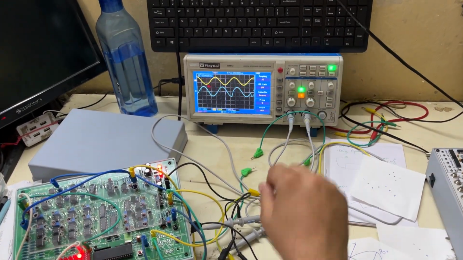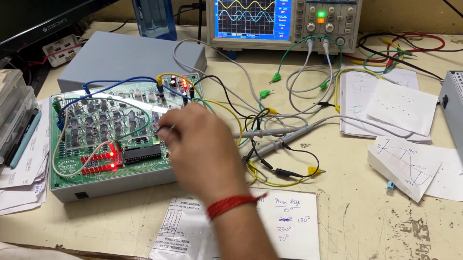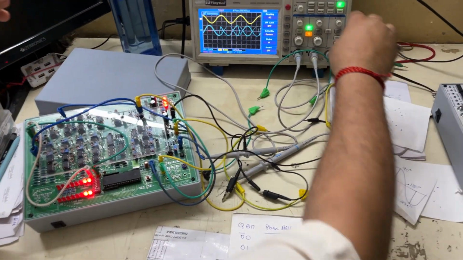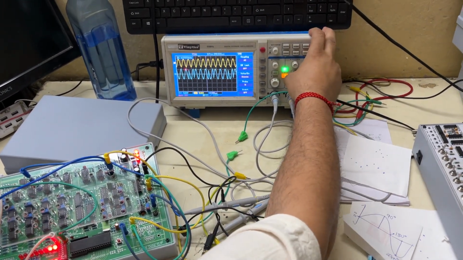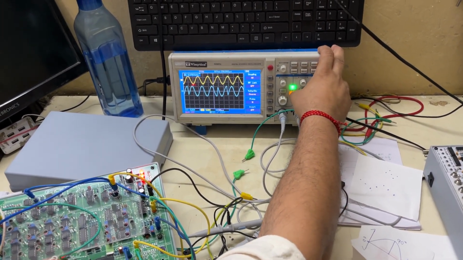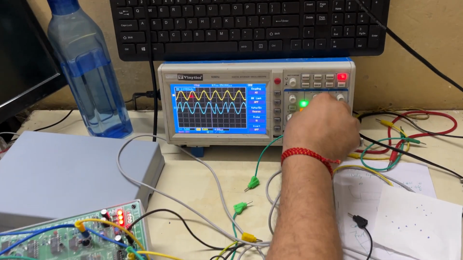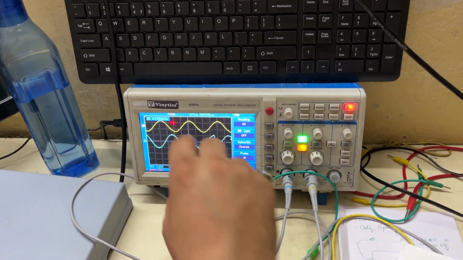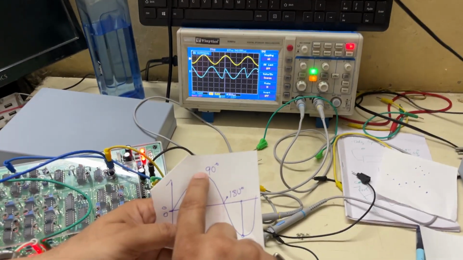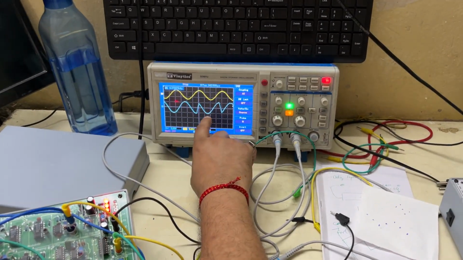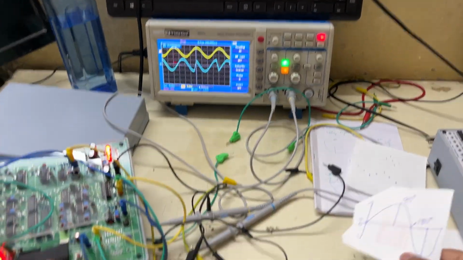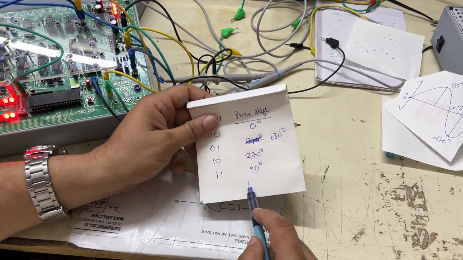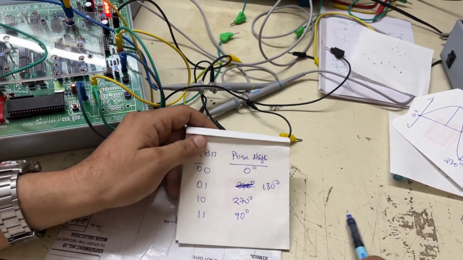Now comes the final qubit configuration of 1 1. You can see that the cutoff is from the top, that is the 90. This is the 90 waveform. So at 1 1 we have the 90 degree shift.